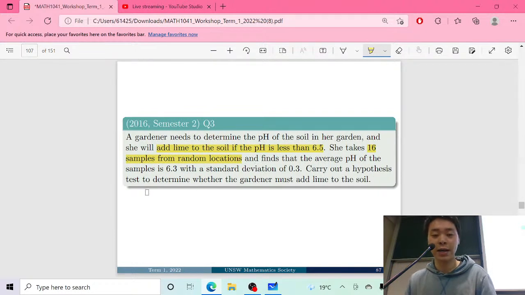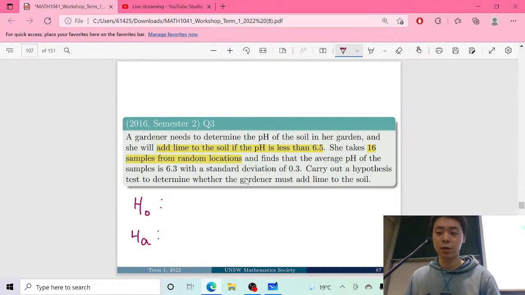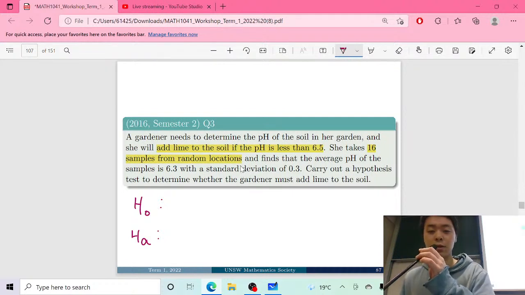And we want to carry out a hypothesis test to determine whether the gardener must add lime to the soil. So what do you think the null hypothesis is, and what do you think the alternative hypothesis will be? Here, remember that we are trying to determine whether the gardener must add lime to the soil.